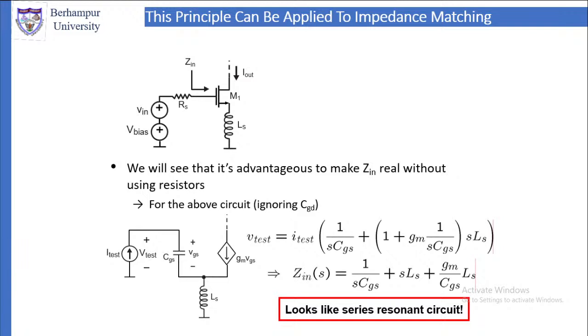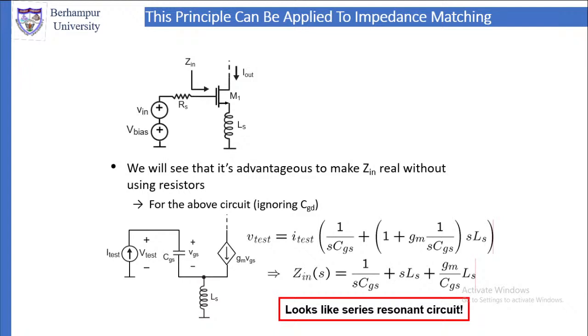Now from this circuit you can find out what is V test. Use simple Kirchhoff's law, Ohm's law, etc. V test is equal to I test into 1 upon S CGS plus S LS, that into 1 plus GM into 1 upon S CGS.